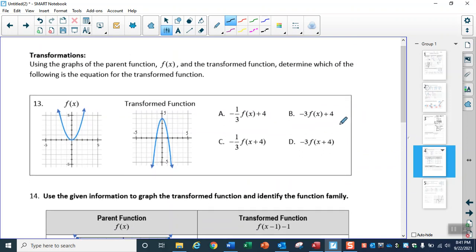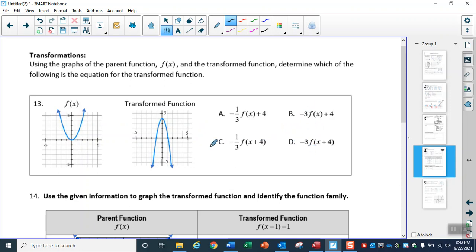And now I'm looking at the transformations, all right? So here's my original function. Here's the transformation here. Well, I know it's skinnier, so it's stretched, all right? So it's either B or D, right? It's stretched out. The 1/3 would make it flatter. And it is reflected across the x-axis, so they're both negative, all right?